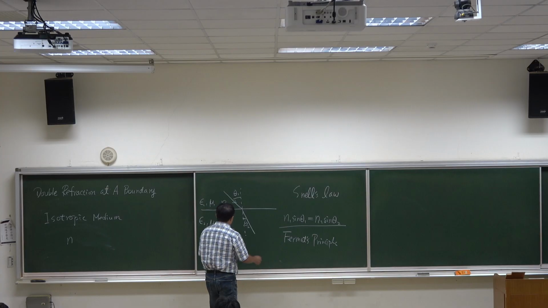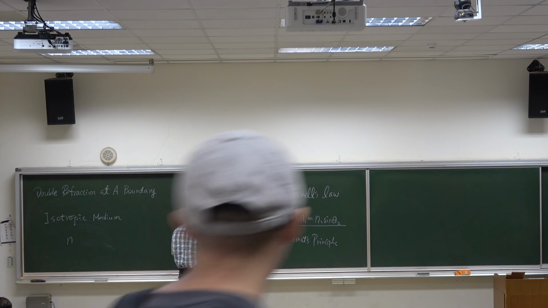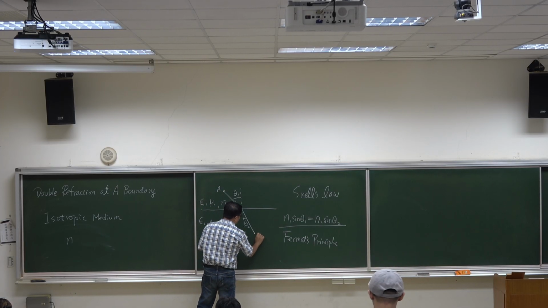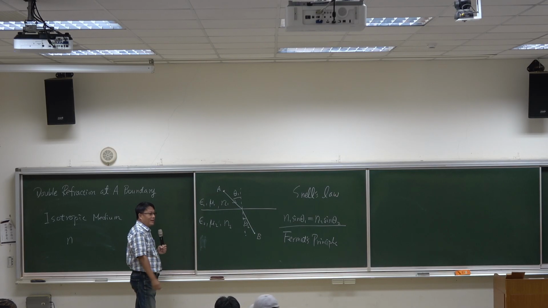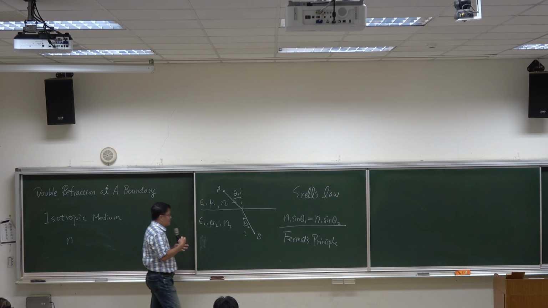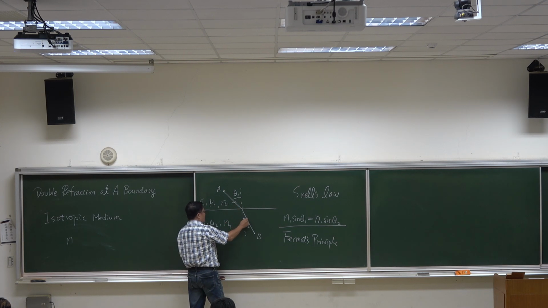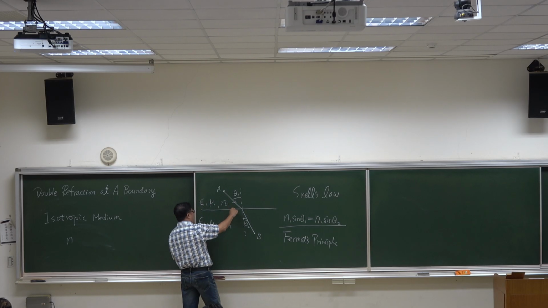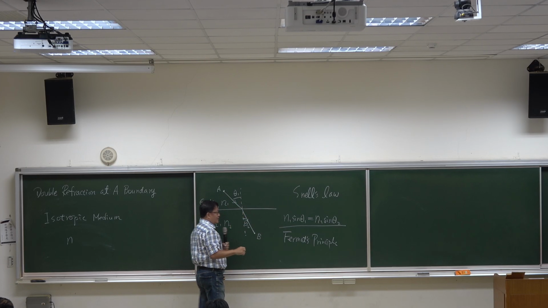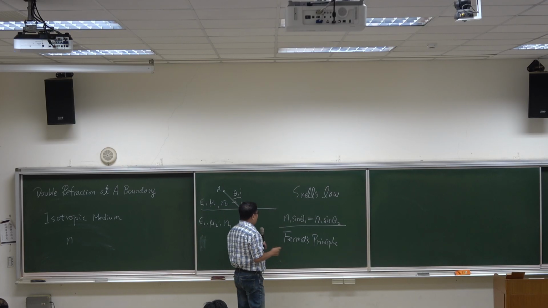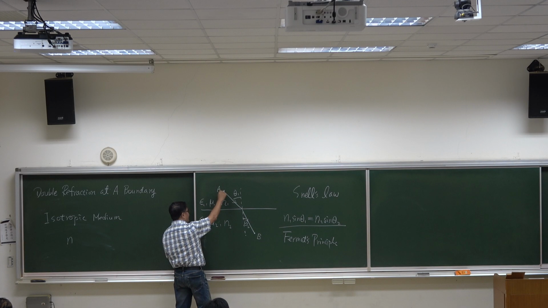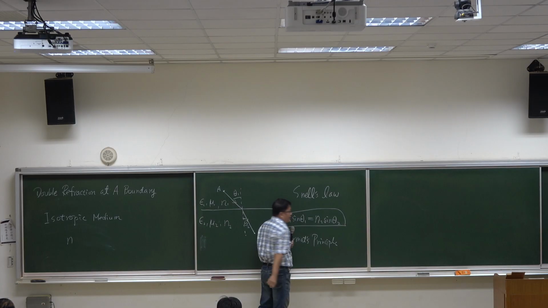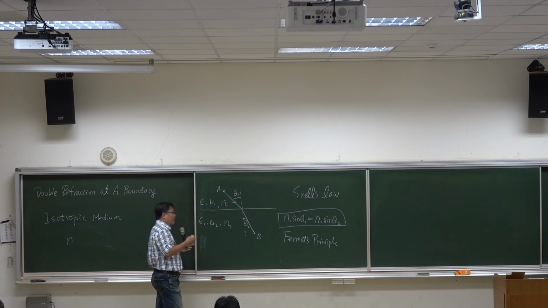For example, we have light start here, point A, and end here, point B. Which way does the light propagate? You just study all kinds of paths, and then you finally find the correct path, following this law. This is the so-called Fermat's principle.